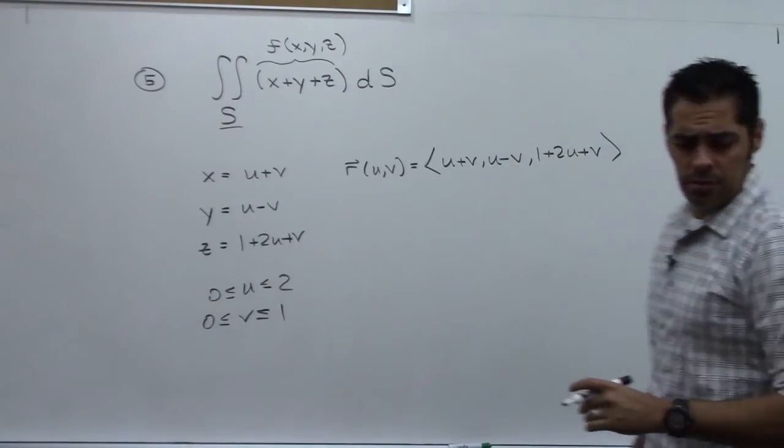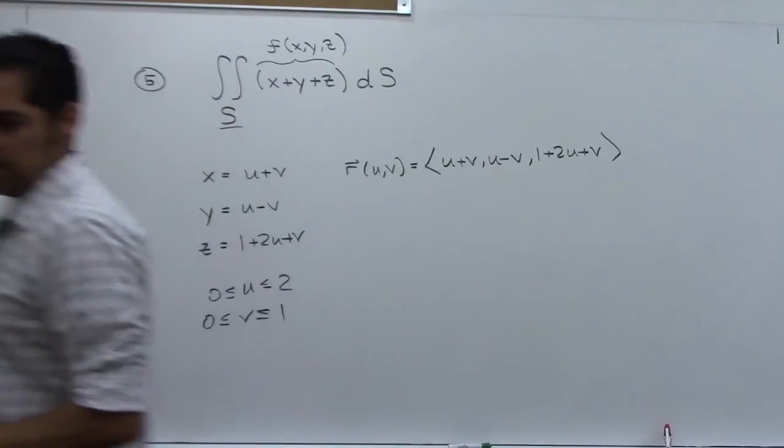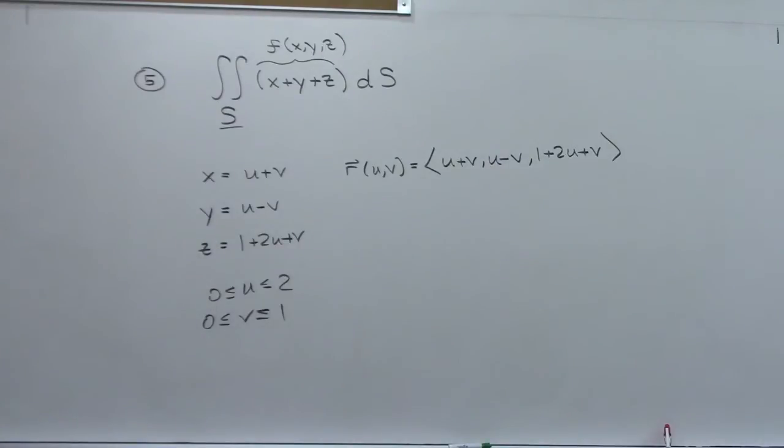So if you go to the formulas that were provided to you in class, let me write the formula up here since it's the first time I'm doing one of these.